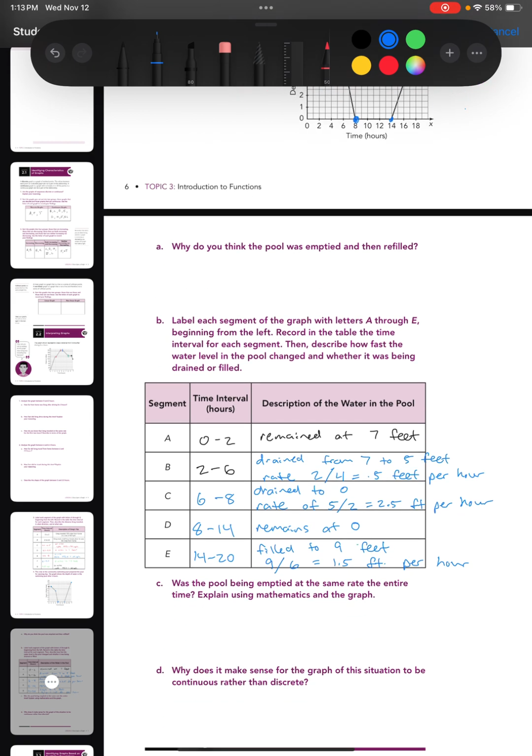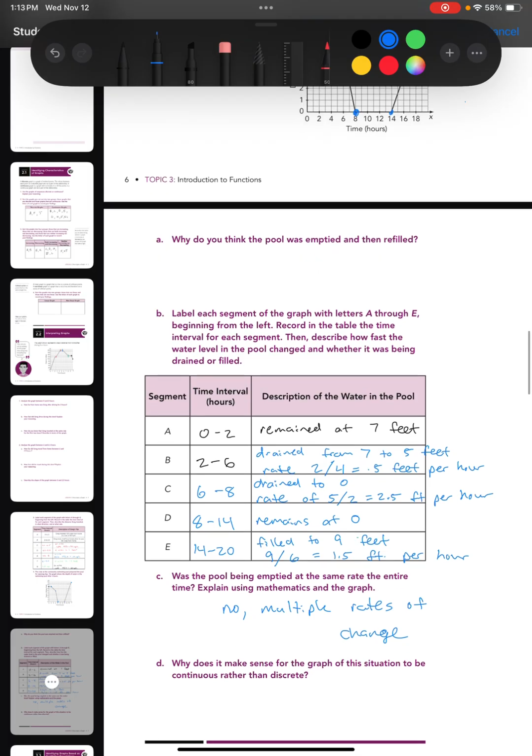Okay, C says, was the pool being emptied at the same rate the entire time? No. If we just look at that graph, there's multiple rates of change. And D, why does it make sense for the graph of this situation to be continuous?